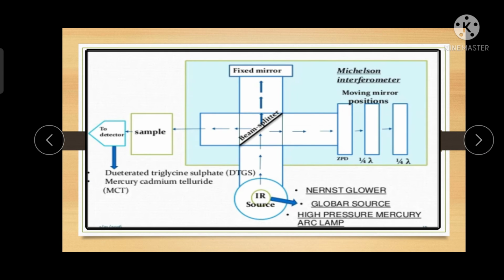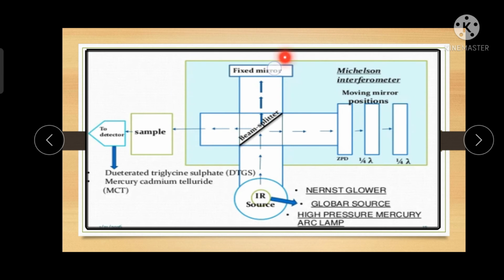Here are two beams: this is the reflected beam from the beam splitter, which goes towards the moving mirror, and this is the transmitted beam, which moves towards the fixed mirror. Again there is a reflection from these two mirrors, and the two beams meet again at the beam splitter.